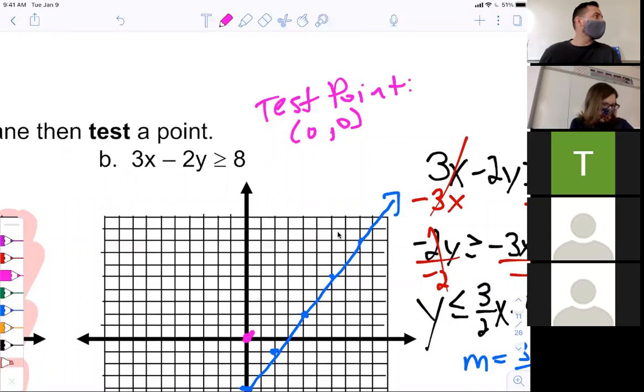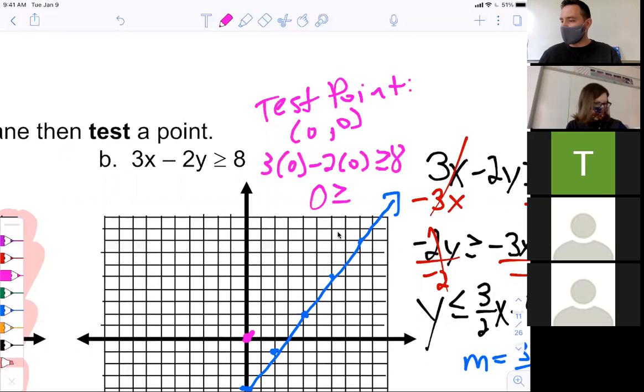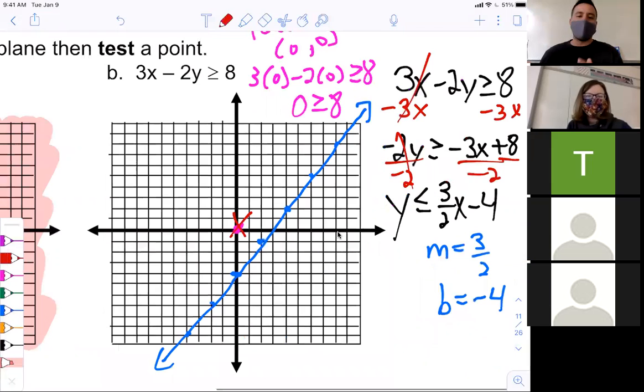I'm going to plug back in the original equation here. So we get 3 times 0 minus 2 times 0 is greater than or equal to 8. And then we end up with 0 is greater than or equal to 8. Is 0 greater than 8? No. So that means this does not check out. And we're going to shade everything on the other side.